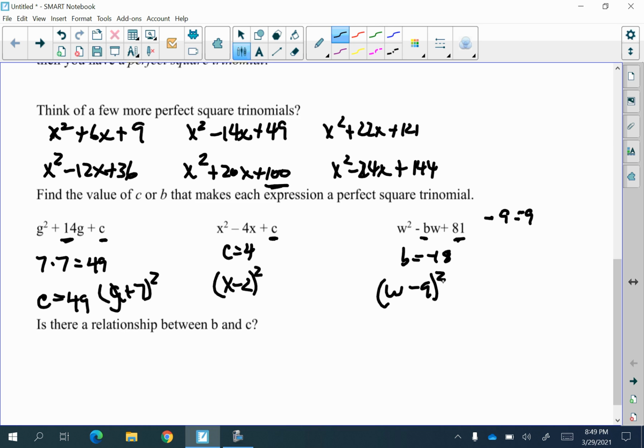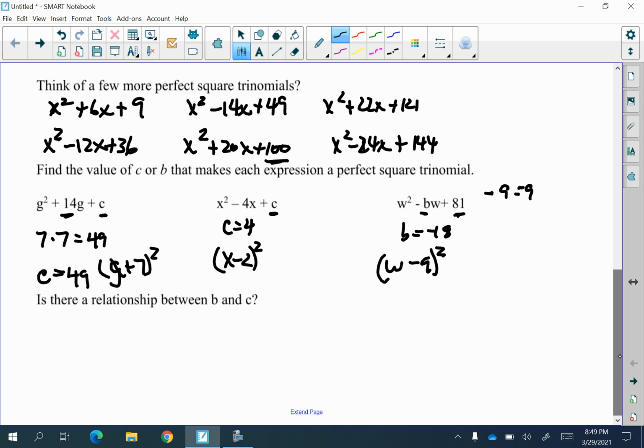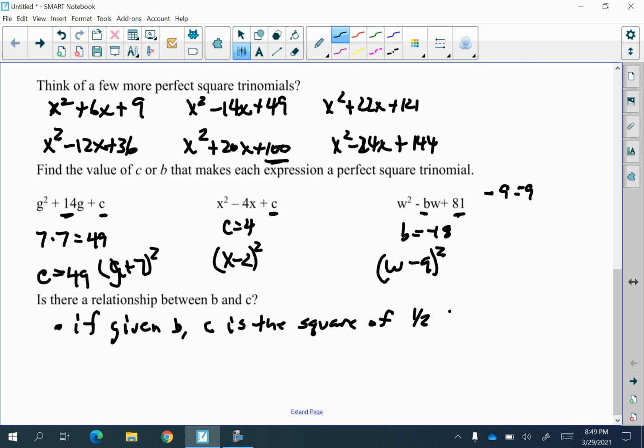It says, is there a relationship between b and c? And yes, there is. Given b, c is the square of half the b value.